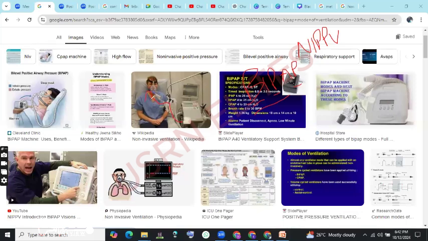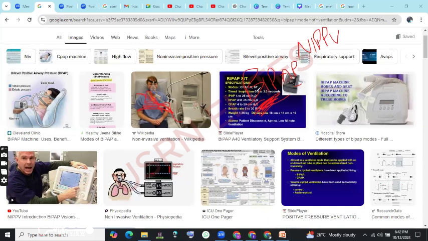And because this one is bi-level, it sends the air in under pressure, then brings it out under pressure.